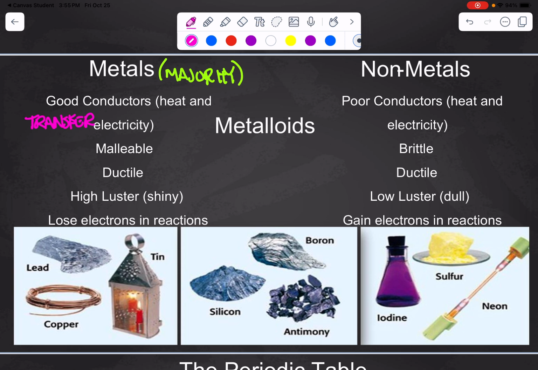Where you see malleable, that means we can essentially flatten or pound the metal and it stays together, it doesn't fall apart. Where you see the term ductile, we are essentially taking the metal and pulling it into a wire.